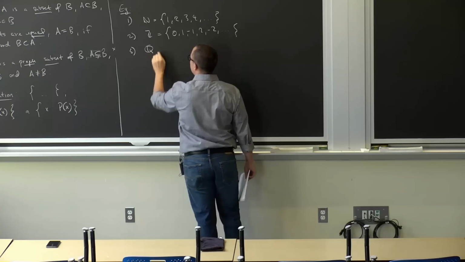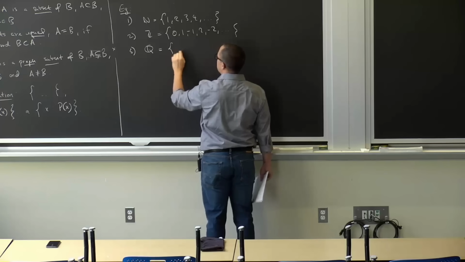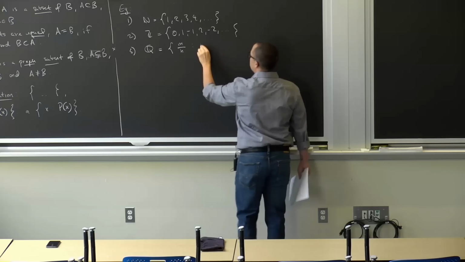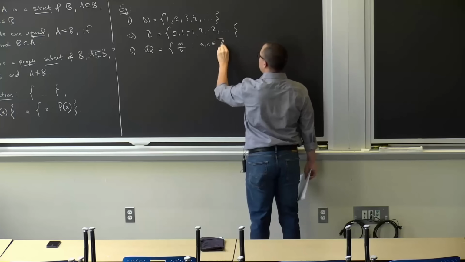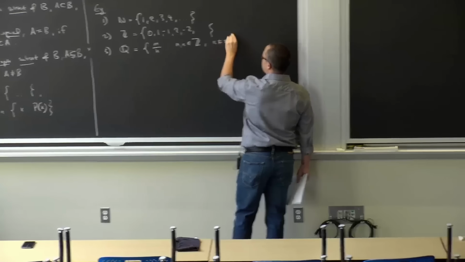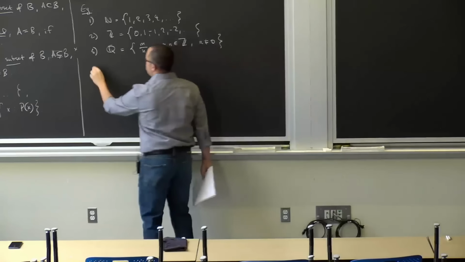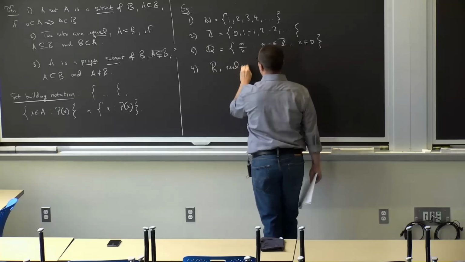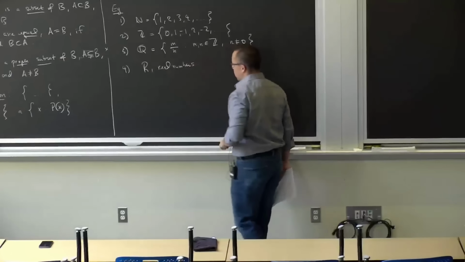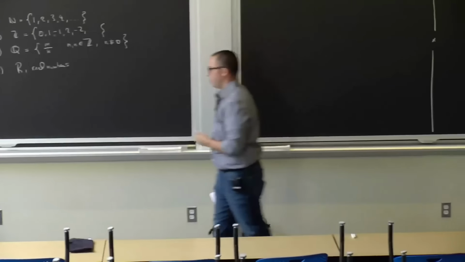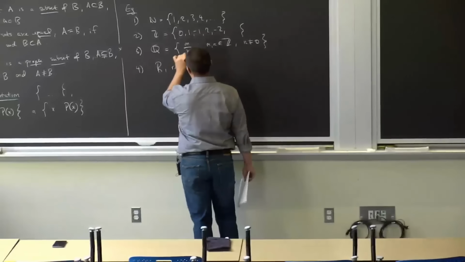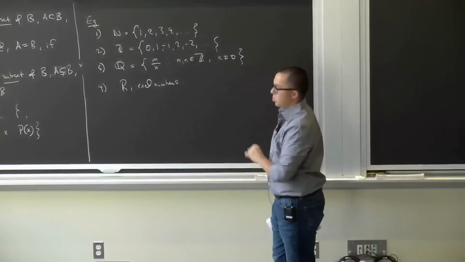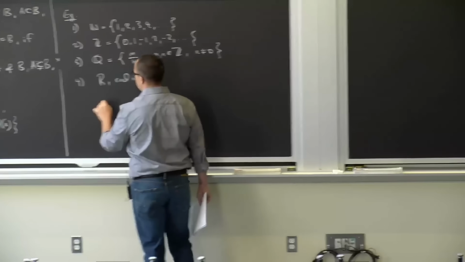We have the rational numbers. So this is written as m over n, such that m and n are integers and n does not equal 0. And we have R, the real numbers, which, as of right now, I cannot actually write down in terms of set-builder notation.